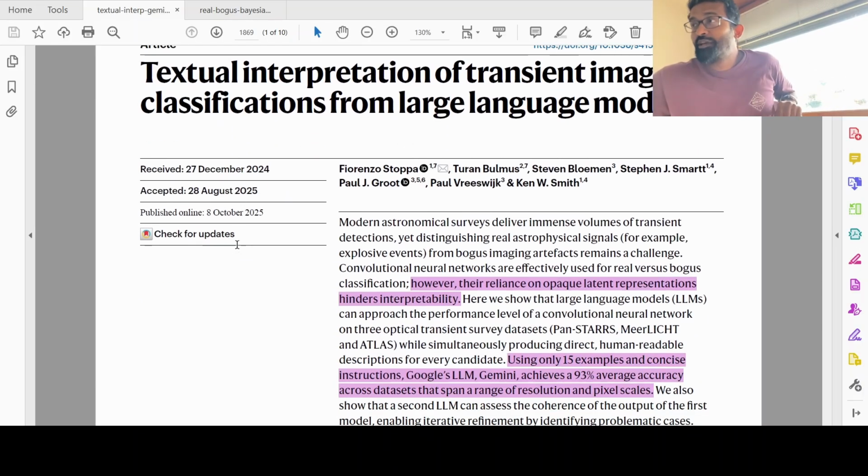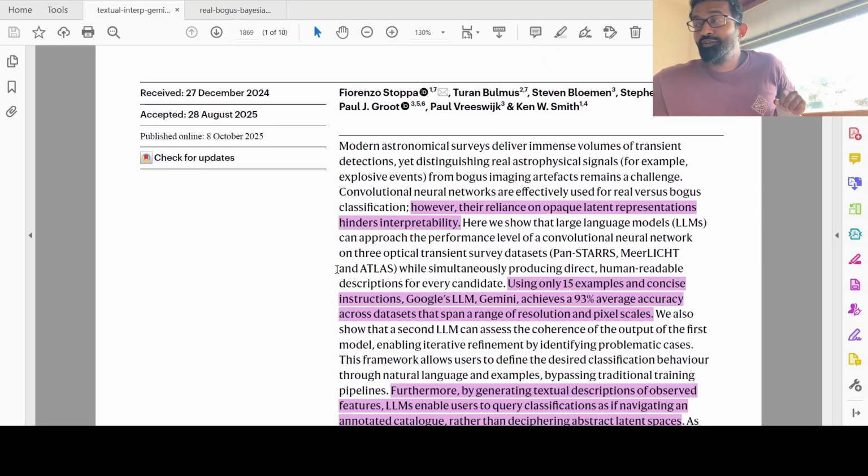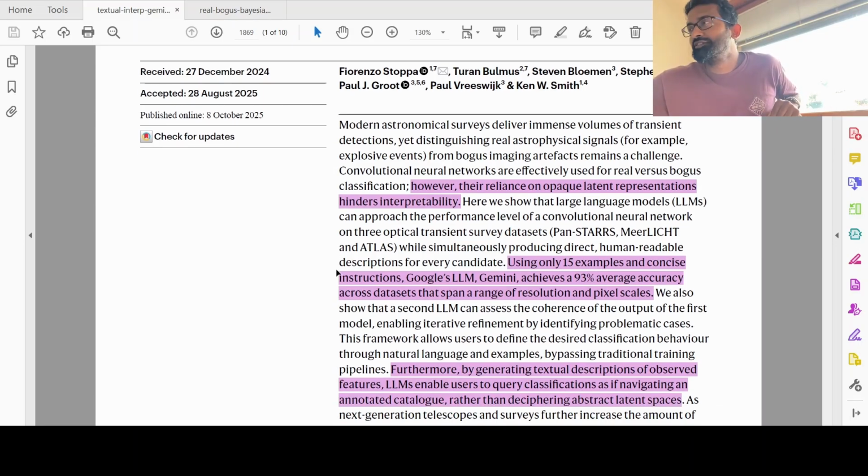Now, this paper, by the way, the primary author of the paper was actually my previous collaborator, so I'm very proud of this paper. Anyway, let's read a few highlighted parts from the abstract.